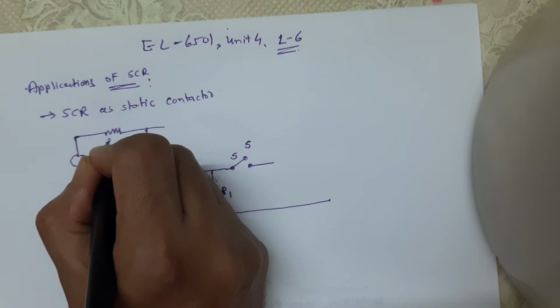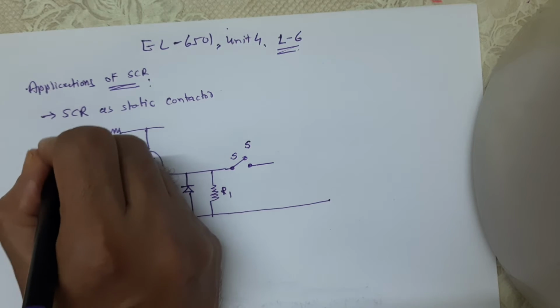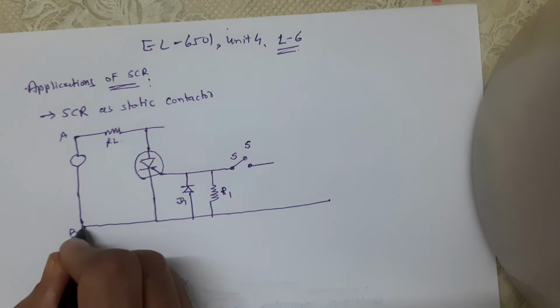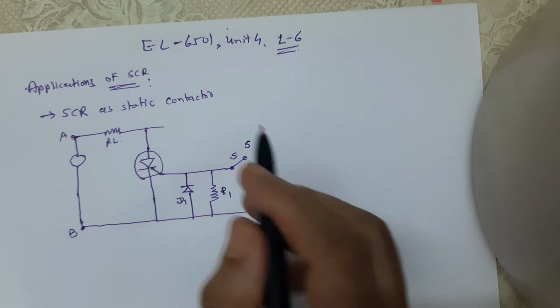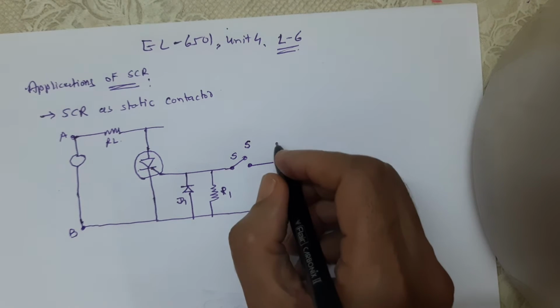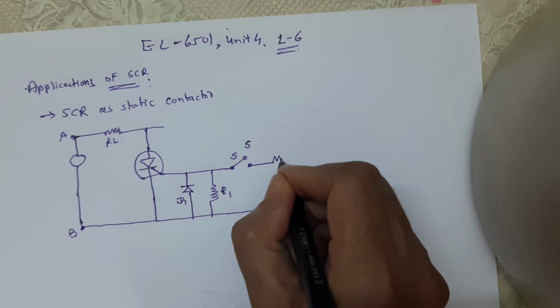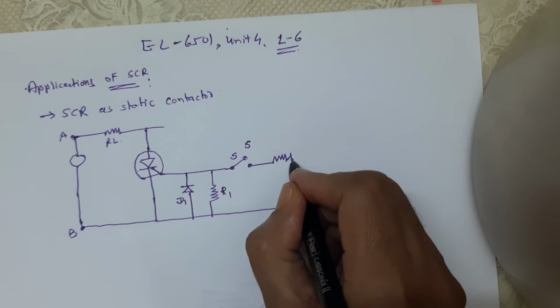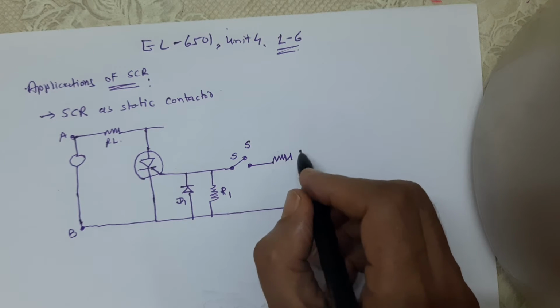This is your load resistance RL, this is your A terminal, this is your B terminal. Now this is connected again to the gate of the second SCR.